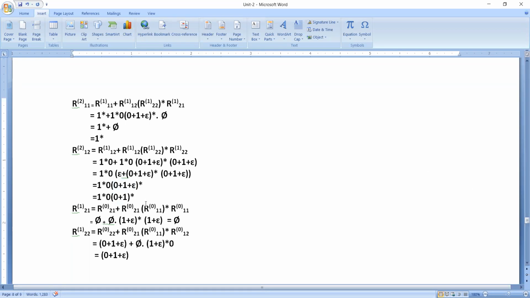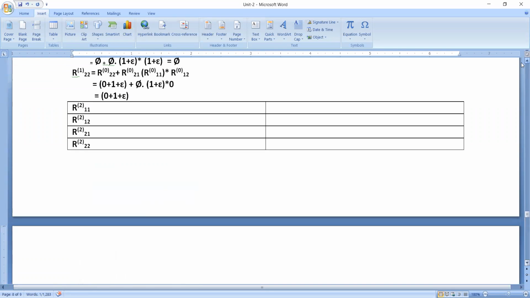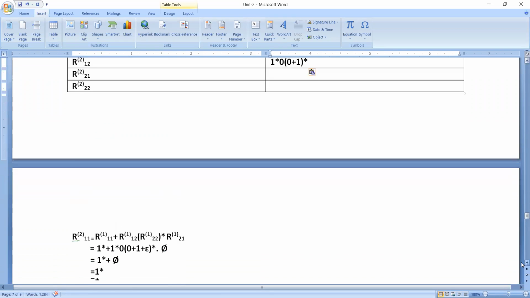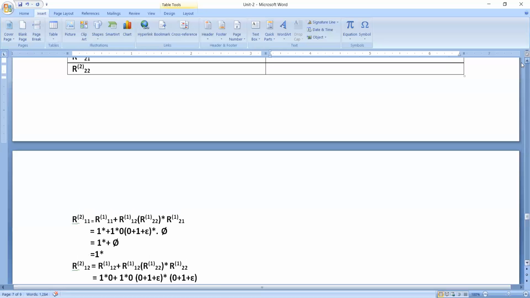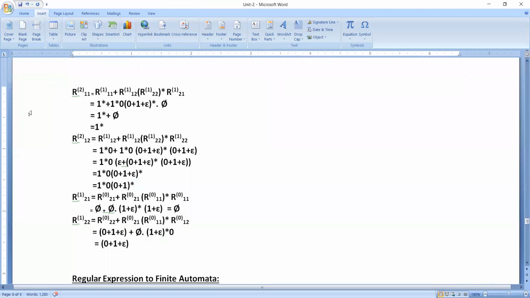So let me copy this in our table. 0 plus 1 whole star, R power 2 of 1 2. Okay, now it has been copied, and let me copy this one also, which is 1 star. Now we need to do R power 2 of 2 1. So this one will be R, k value is 2, because 2 intermediate nodes we are taking.